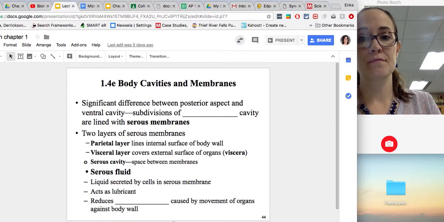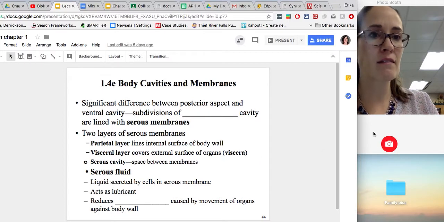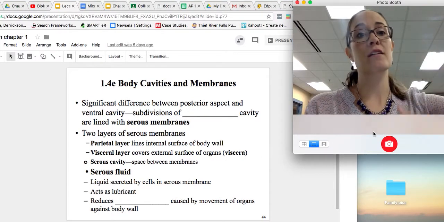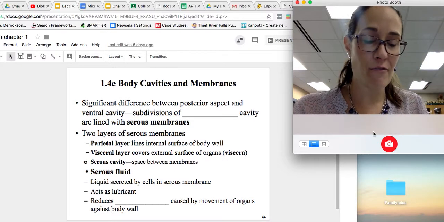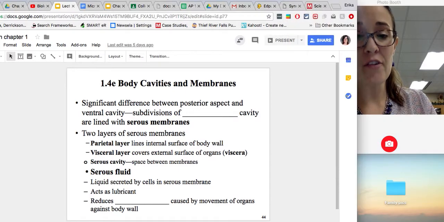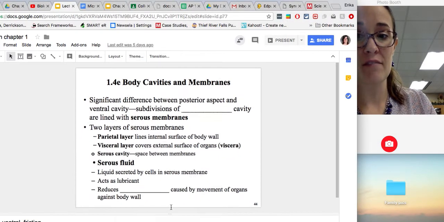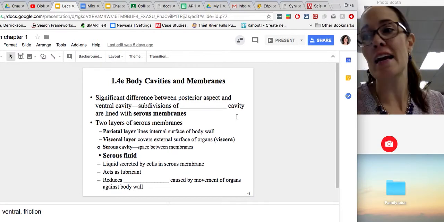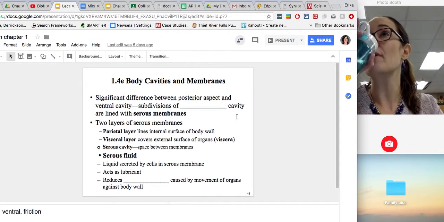So the main difference, like I said, the posterior cavity is covered in bone, and the ventral cavity is not for the most part. And so another main division is the ventral cavity, right here. Within it, each cavity is lined with serous membranes.